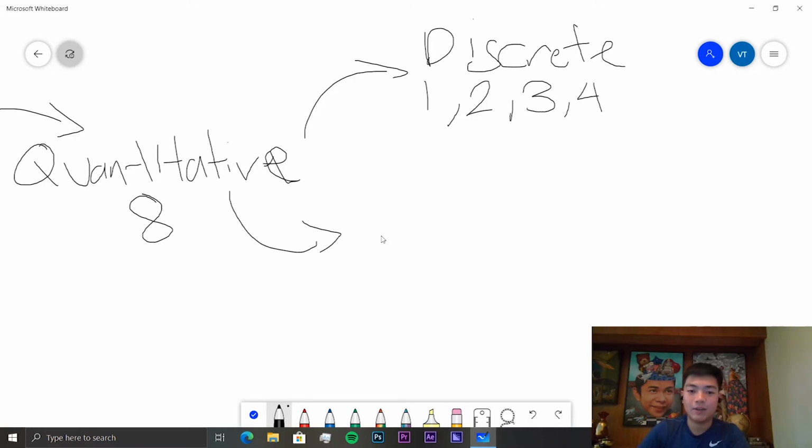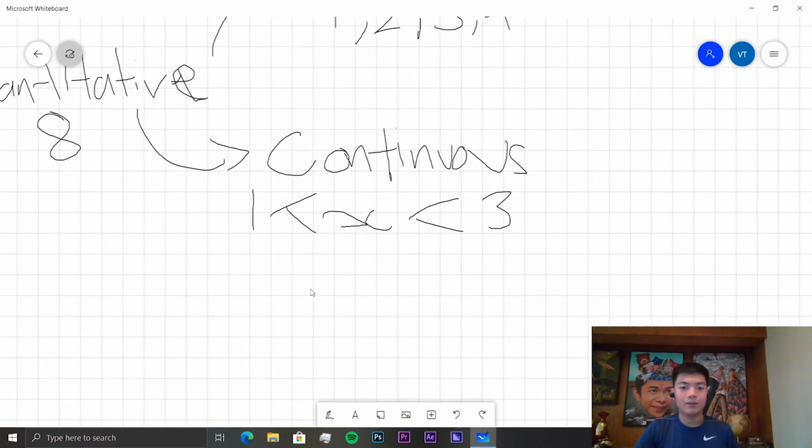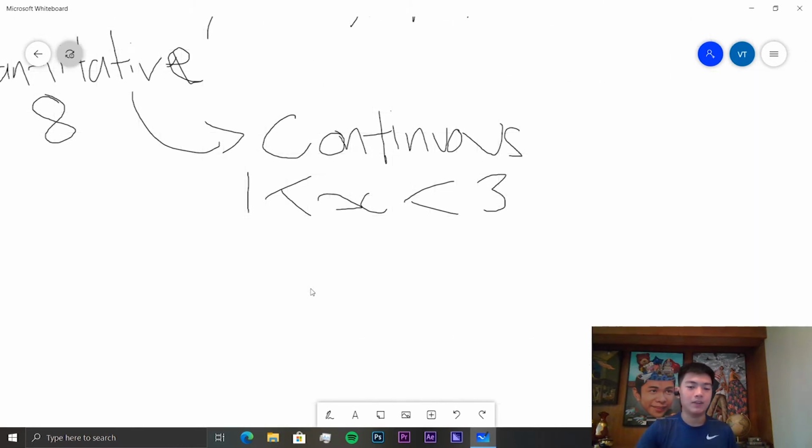On the other hand, we have continuous data. And this means that the data is in a range of numbers. So if I asked you, how tall are you? We would normally expect that to be in a range of like 1 meter to 3 meters. And so your height can take any value within this range, and it doesn't have to be a specific number.